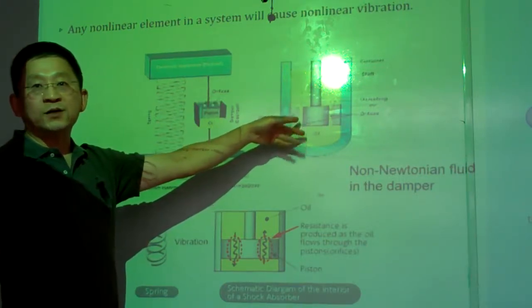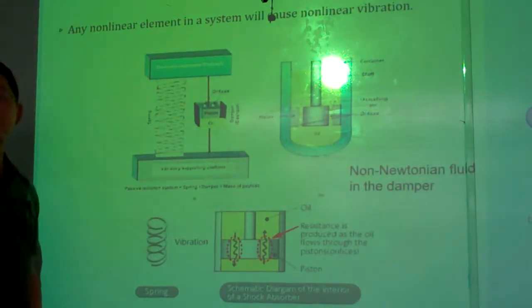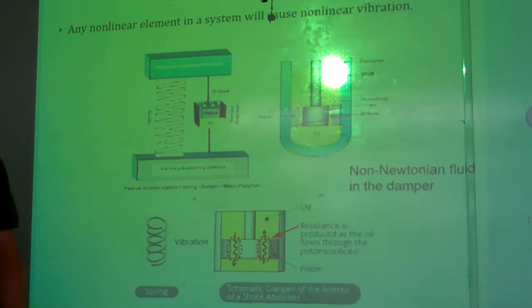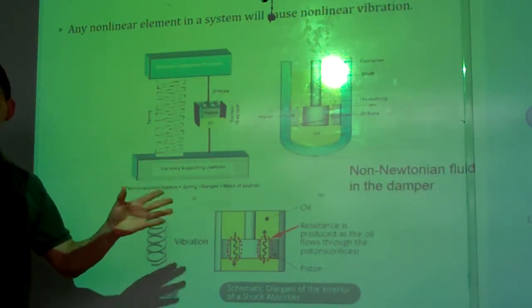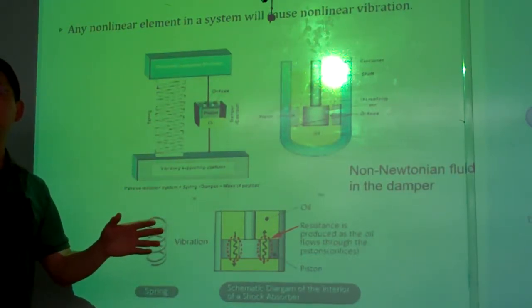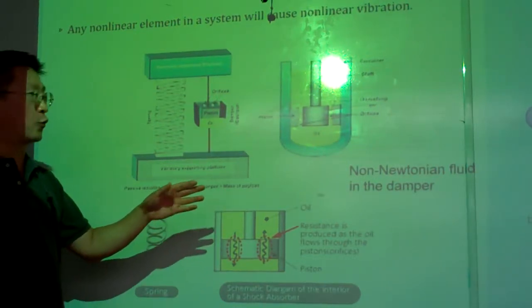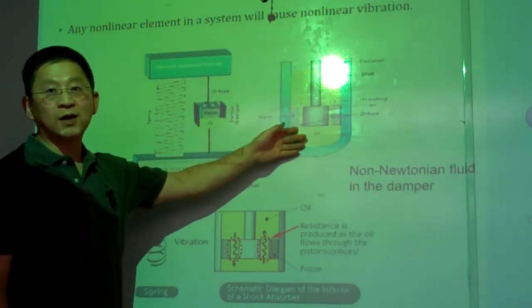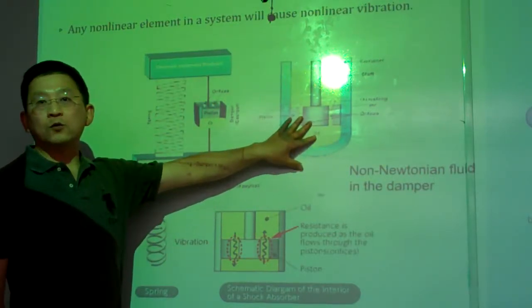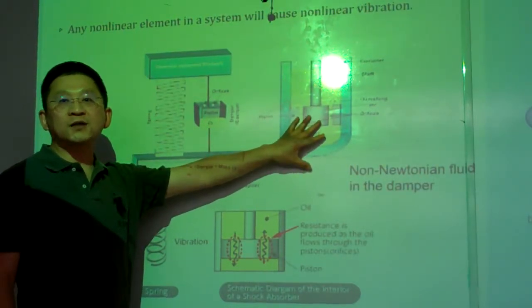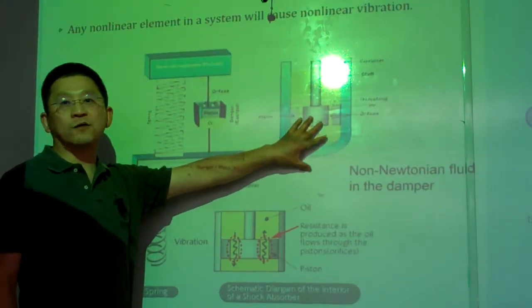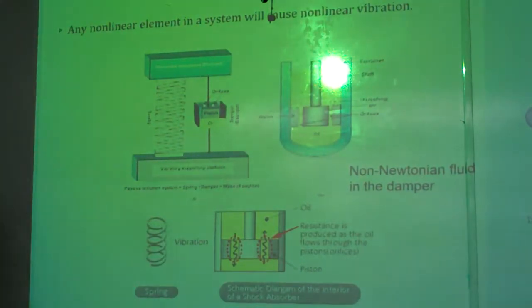Later we have more discussion, but from your fluid mechanics, you know many times fluid behavior can be nonlinear. So that is where nonlinear damping comes from. Again, we don't touch any nonlinear terms from friction or damping.